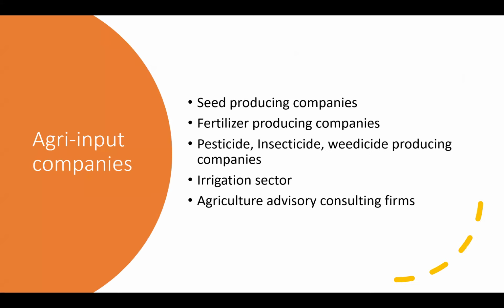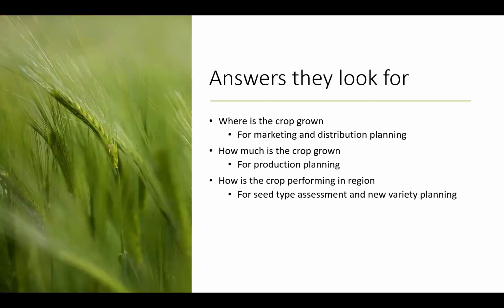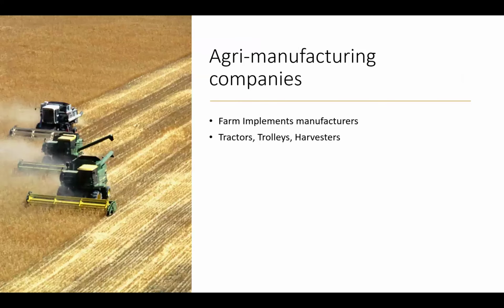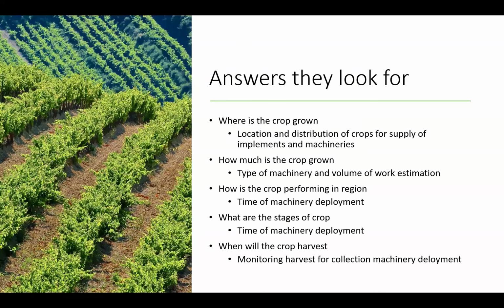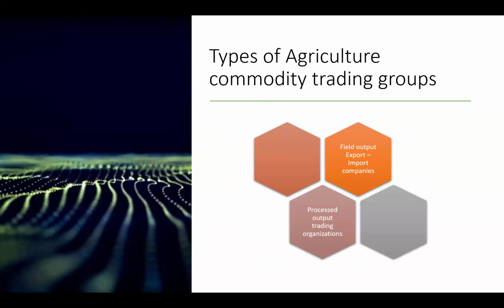So as I told about the stakeholders, input companies use it to know where the crop is grown, how much of the crop is grown, and how the crop is performing. Manufacturing companies use it for the supply of their implements, so that if they know when the crop is coming to the harvesting stage, they can supply their harvester machines there.